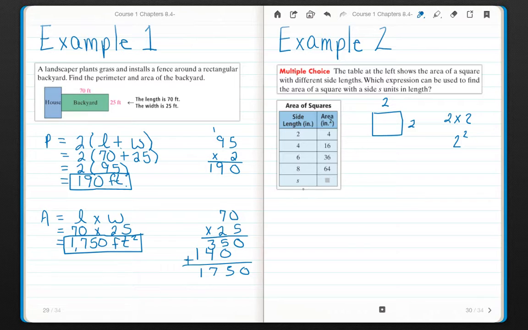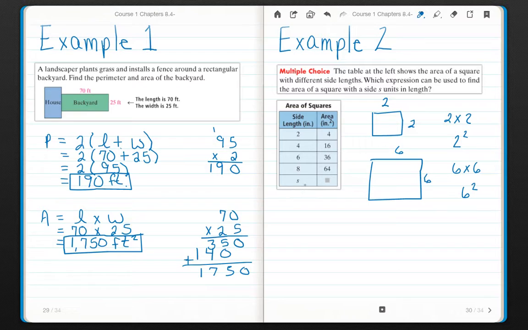If my side length is 6, and no, this is not to scale, that would be 6 times 6, which is also 6 squared. Well, 4 squared is 16 and 8 squared is 64.